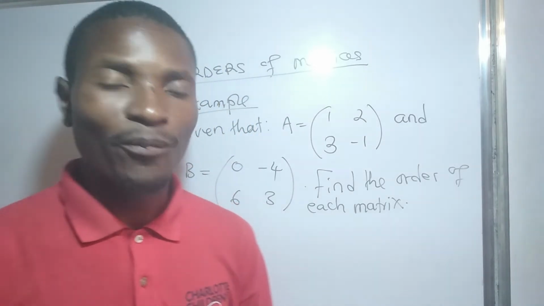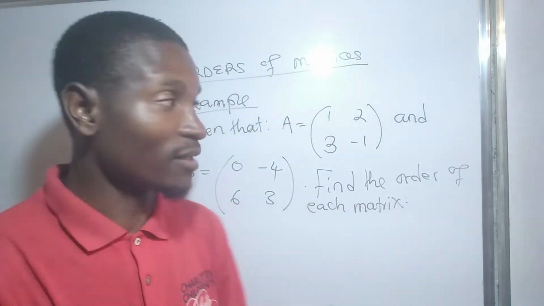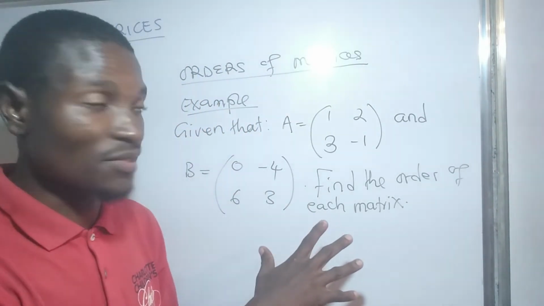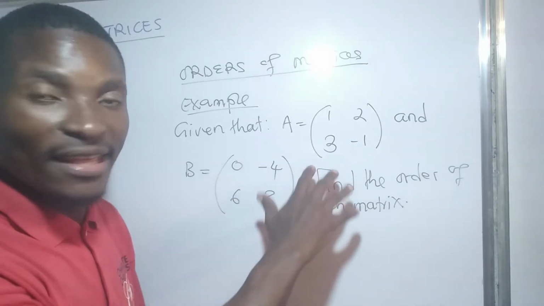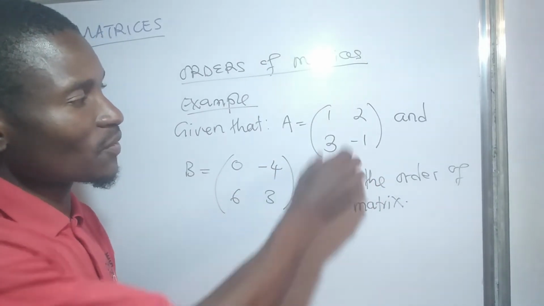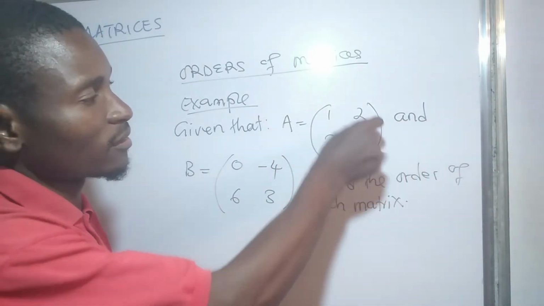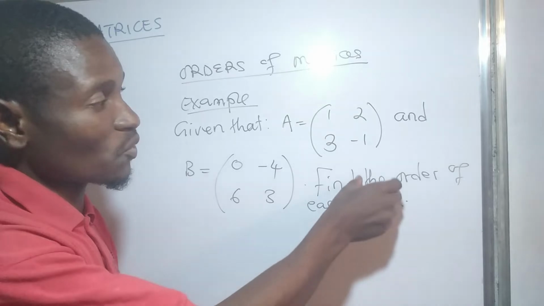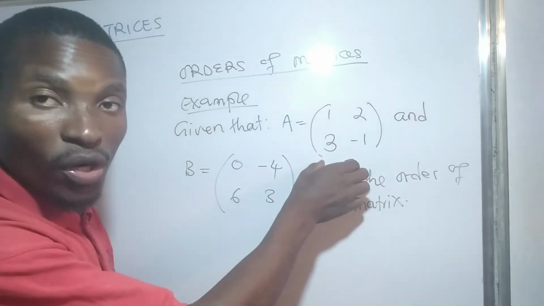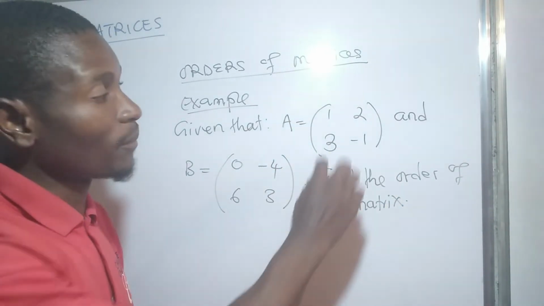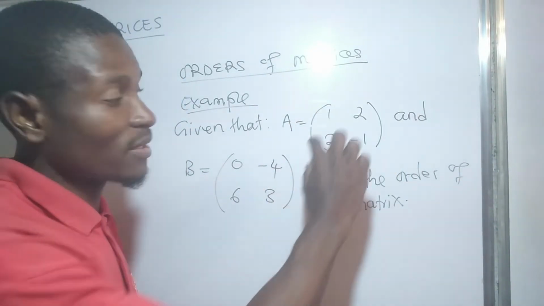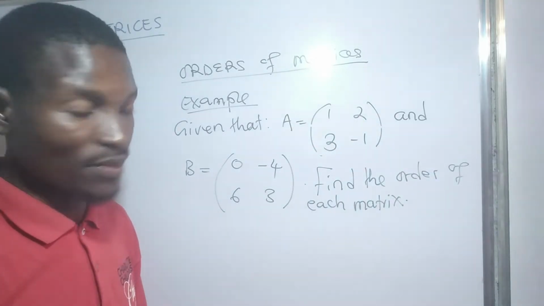Looking at the example on the board, given the following matrices, A equals 1, 3, so this is a row, and then 2, -1, that is also a row. These are columns.